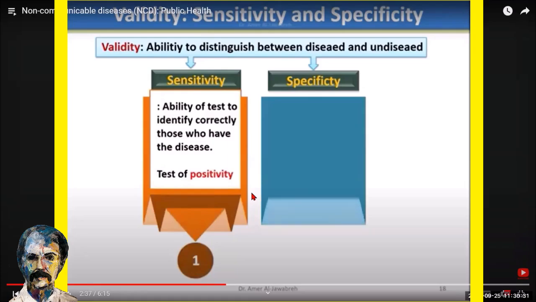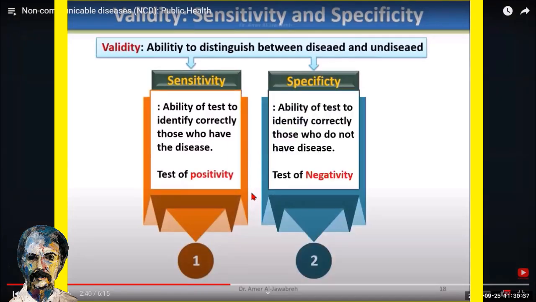Specificity, at the same time, is the ability of a test to identify those who are undiseased, those who are healthy. So the test is negative and the patient is healthy. Negative and healthy, this is specificity, and it's a test of negativity.